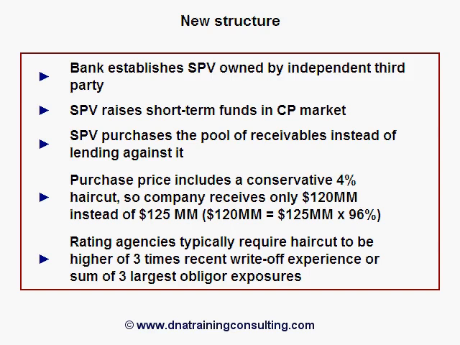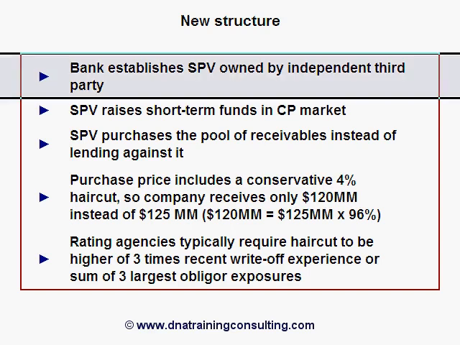Around the early 80s, a new structure was developed for financing the pool of receivables while avoiding the generation of assets onto the bank's balance sheet, as well as debt in the liability measures of the company.